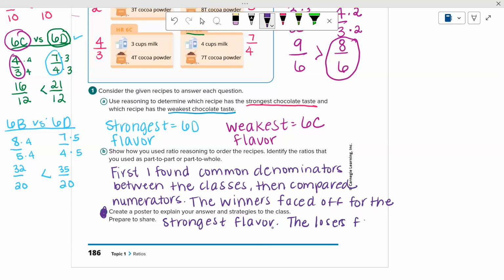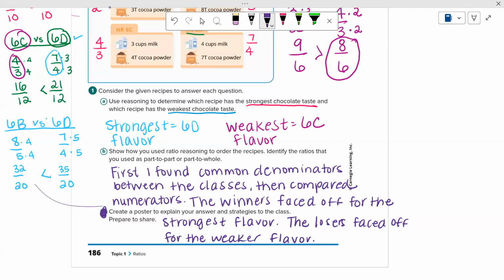The losers faced off for the weaker flavor. This is a lot of writing. I understand that. My hand hurts too. But that is what we did. That is all we need to do. We do not need to show, right? Because we already did it. You already did all your work.